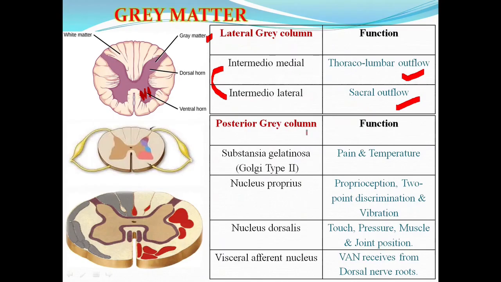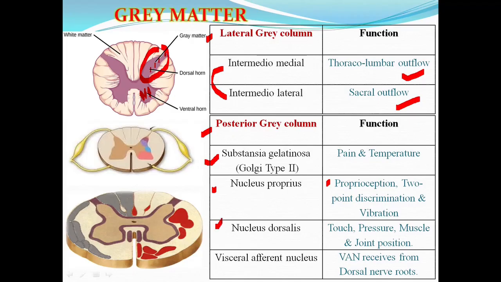And also followed by the posterior gray column. So now this is the posterior gray column. From above downwards, we can mention the first nucleus called substantia gelatinosa, which has Golgi type 2 cells. Their main function is to carry pain and temperature. The second nucleus is nucleus proprius, which does two-point discrimination, vibration, and proprioception.